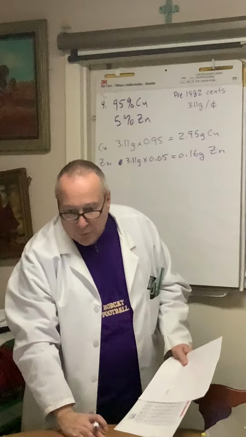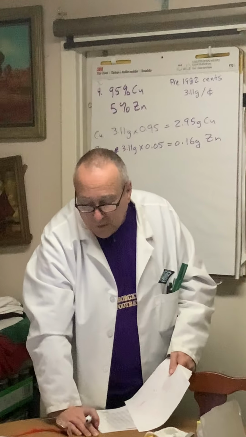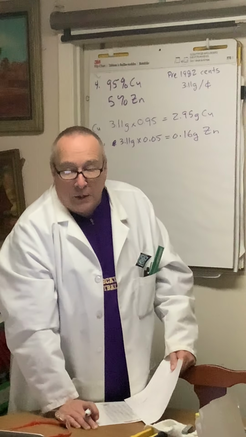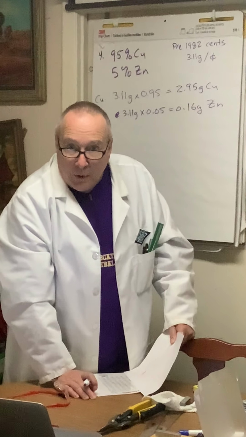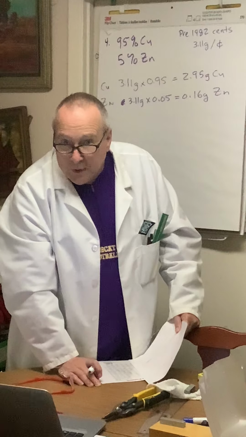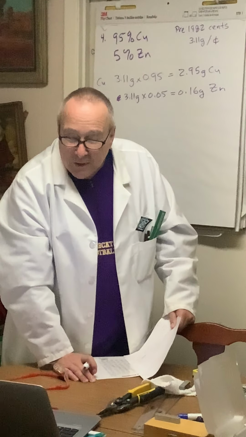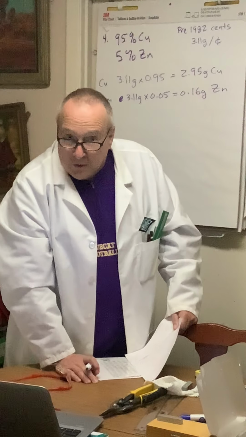If you look at the next question, it says pennies made after 1982 are made of zinc with a thin copper coating. We're going to dissolve away the zinc in the lab and make something called a copper foil in another experiment. When we look at reactions of metals with acids, we're going to dissolve the zinc in an acid, hydrochloric acid, which doesn't dissolve copper.